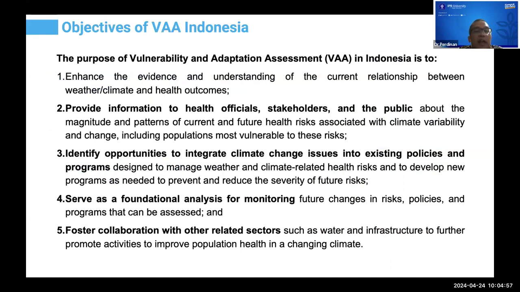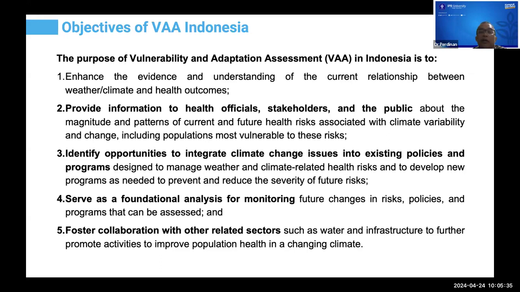The objective of the VAA in Indonesia is to enhance the evidence and understanding of the current relationship between weather and climate and health outcomes, provide information to health officials, stakeholders, and the public about the existing and future risk, including the most vulnerable populations, and then identify opportunities to integrate climate change issues into existing policies and programs, and serve as foundational analysis for monitoring future changes in risk, policies, and programs.